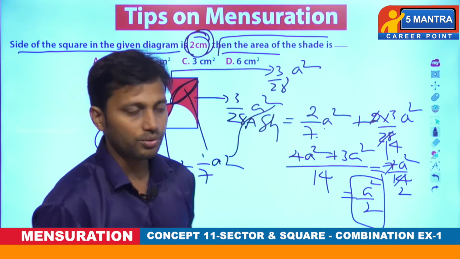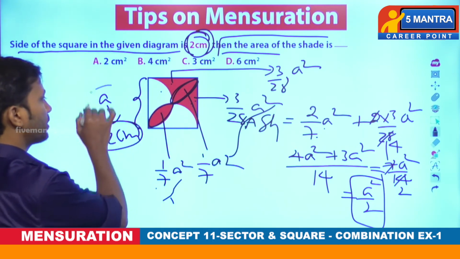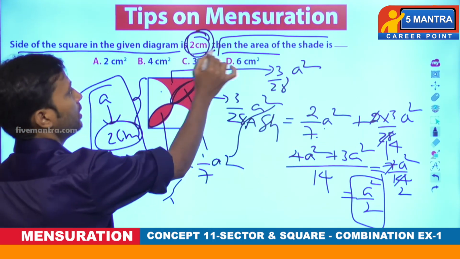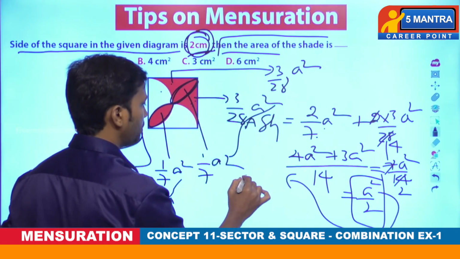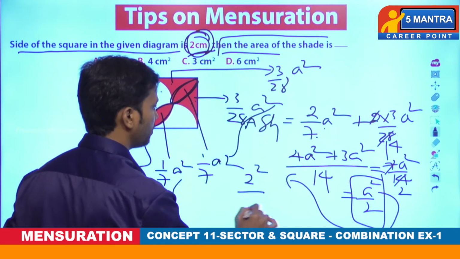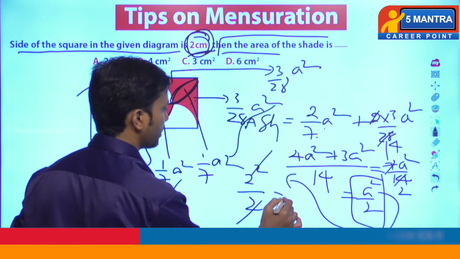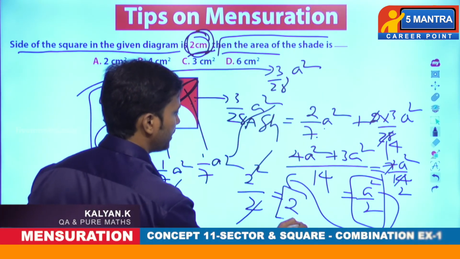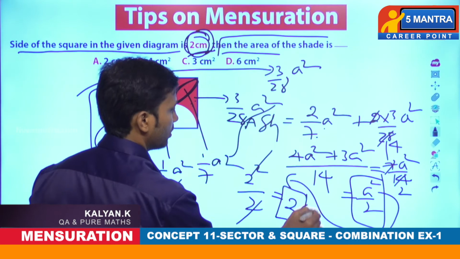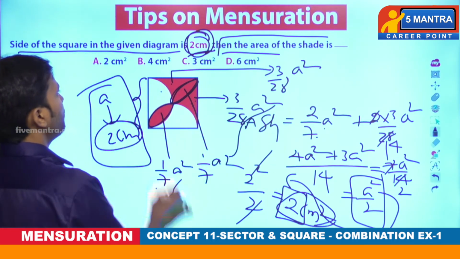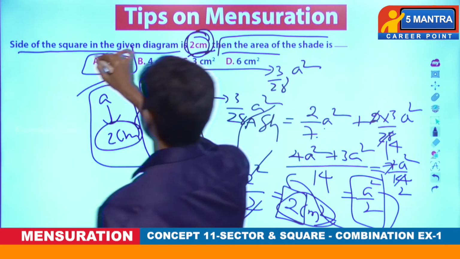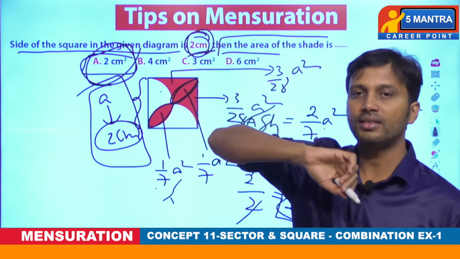A square by 2, where the side value is given as 2 centimeters. Put it here. That would be 2 square by 2. So what is the answer? 2 centimeter square. So which of the options is correct among the given ones? Option A is the correct answer.